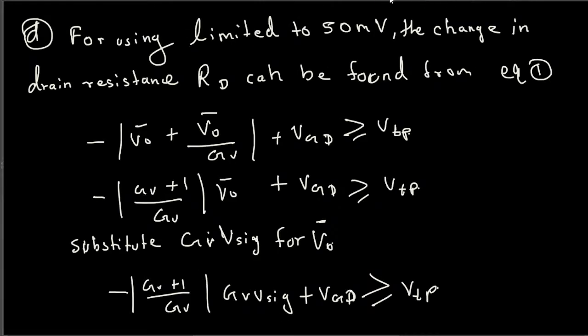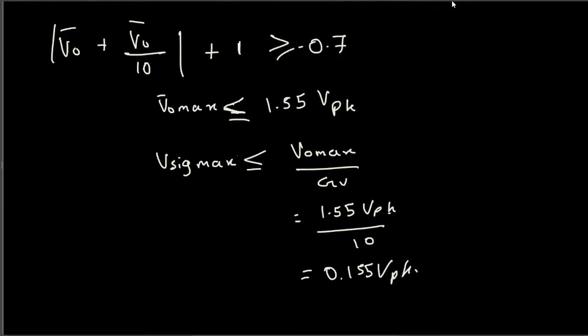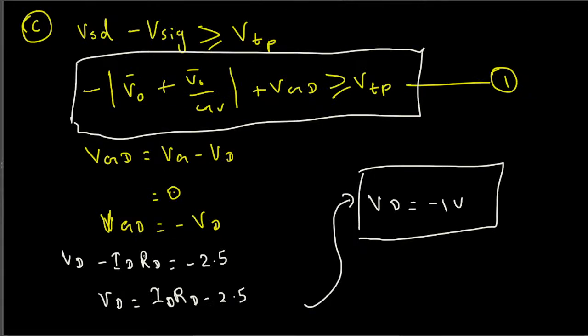And VGD also, we found an expression for this over here. VGD we did somewhere here. Yeah, VGD is equal to minus VD, and VD is given by this.